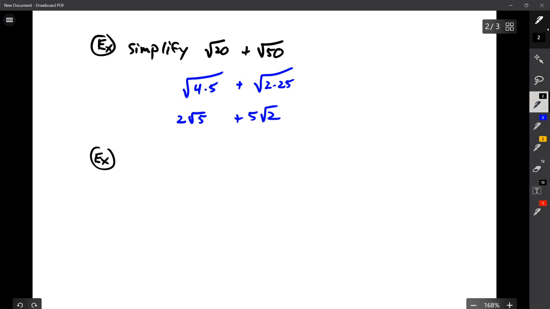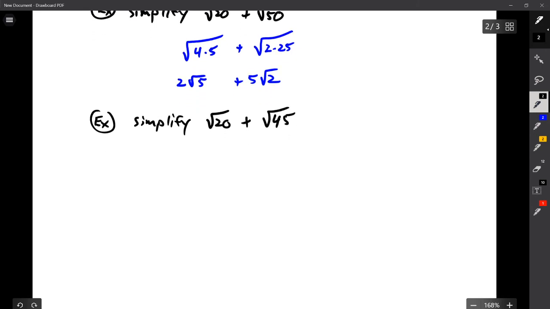Let's say we simplify root 20 plus root 45.